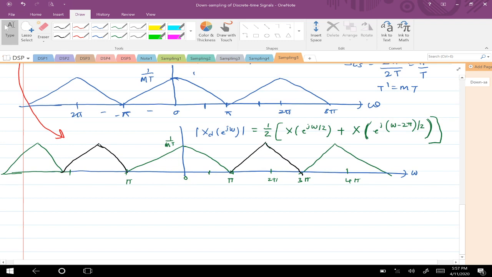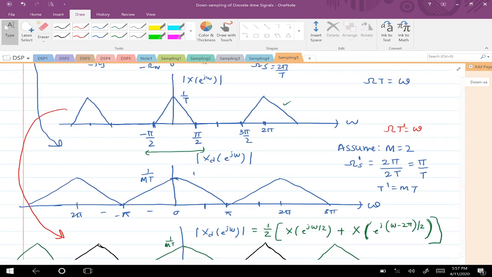So you could already sense that if you keep on downsampling, you could end up with aliasing. So what do you need to do to avoid aliasing? Let's discuss this. Let's start here. Let's call this X of e power j omega. Let's call this value omega N. In this case, of course, that's pi by 2.